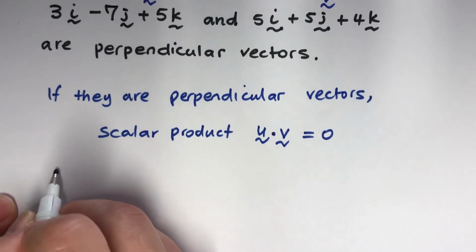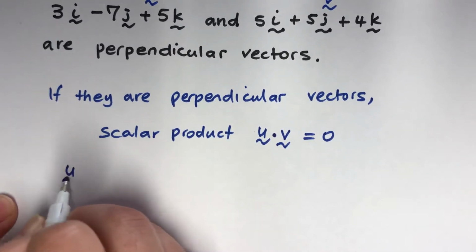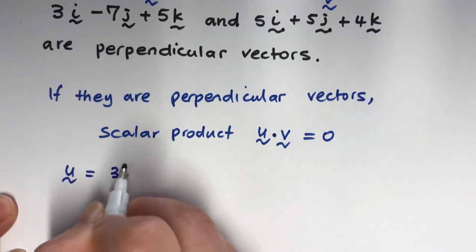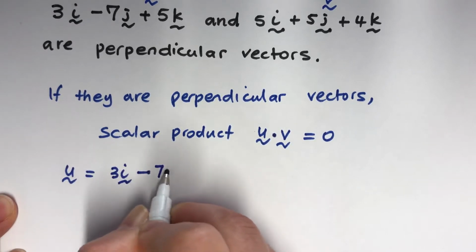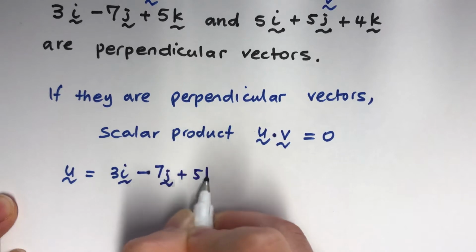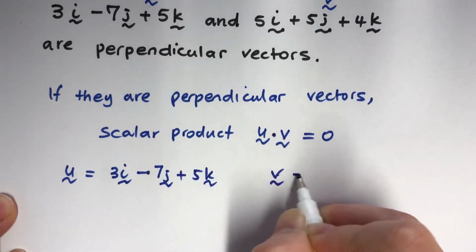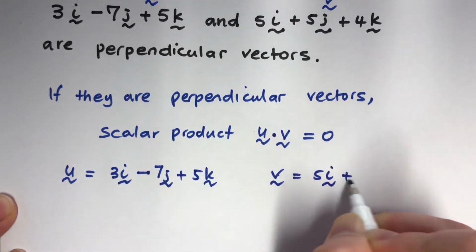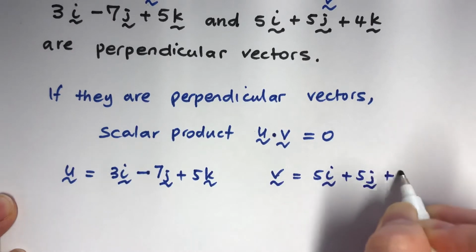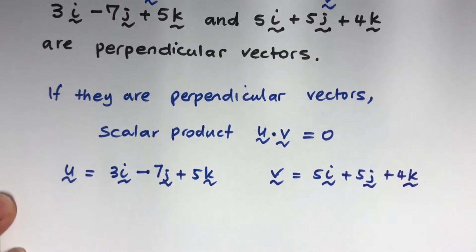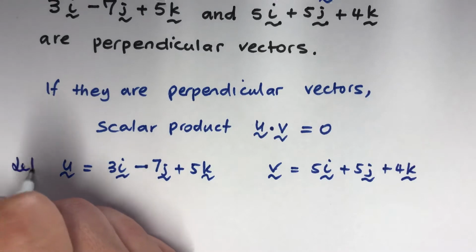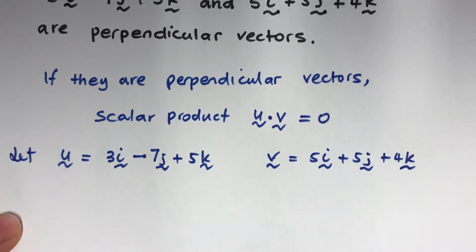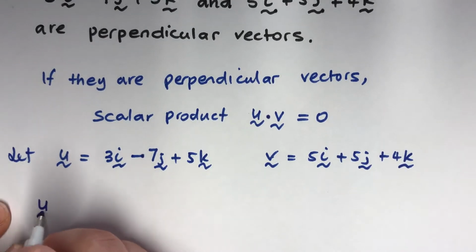So we already said vector u is 3i minus 7j plus 5k, and v was 5i plus 5j plus 4k. Okay, so let's multiply.